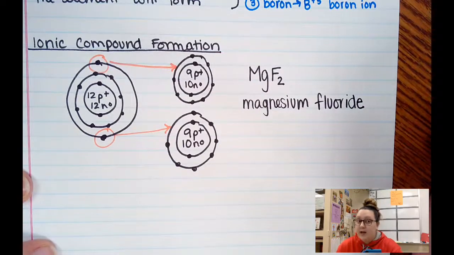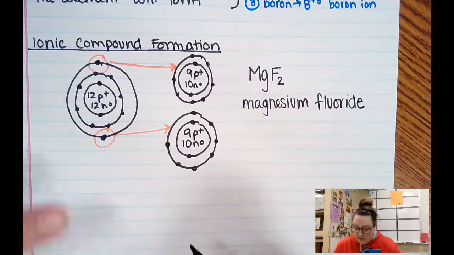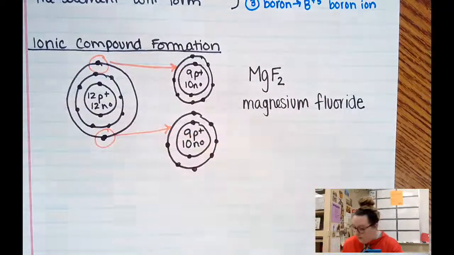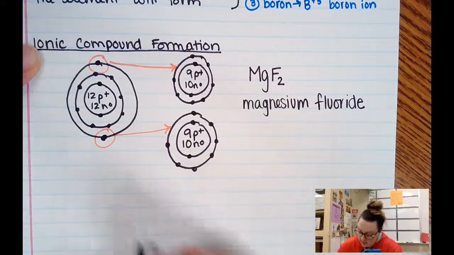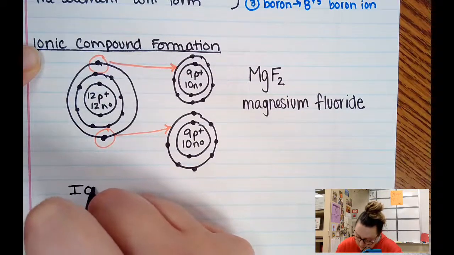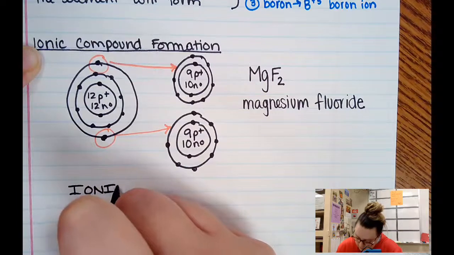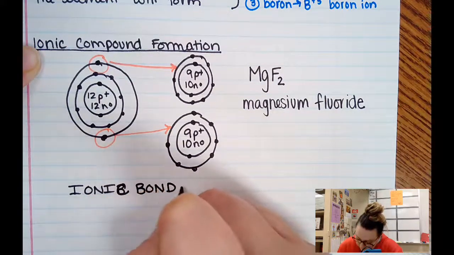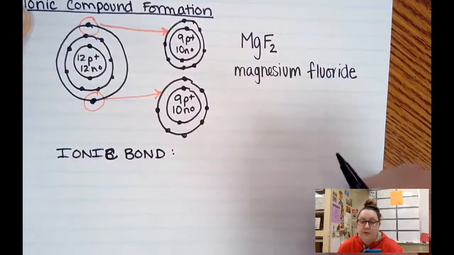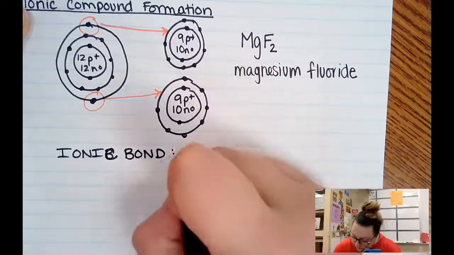It is considered ionic because it is made of ions. An ionic bond forms because of the transfer of electrons.